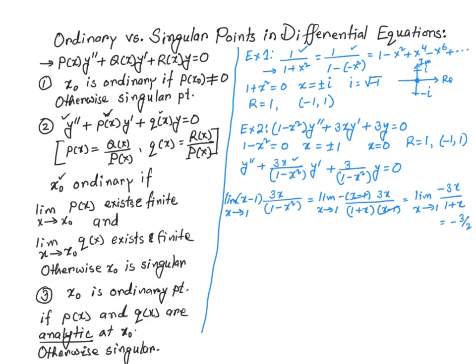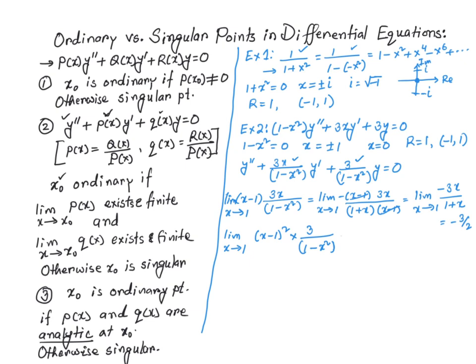Now let me go ahead and take a limit of this guy by multiplying it by (x minus 1) whole squared. So the limit as x approaches 1 of (x minus 1) squared times 3 over 1 minus x squared.